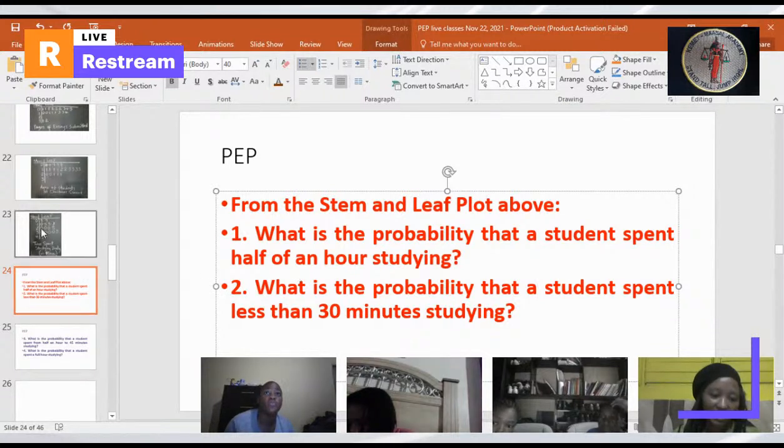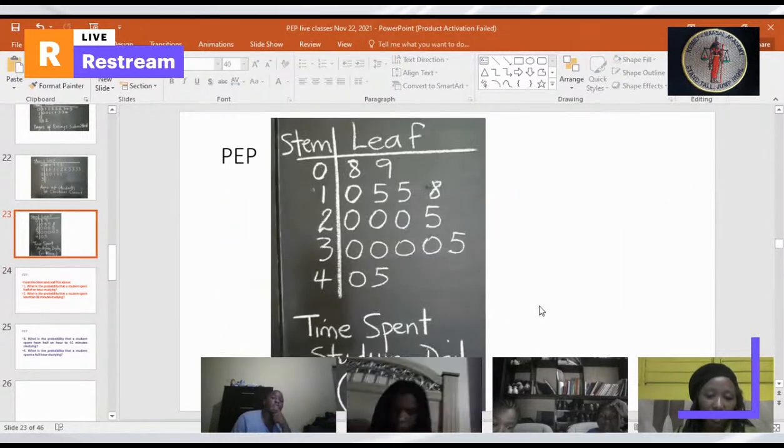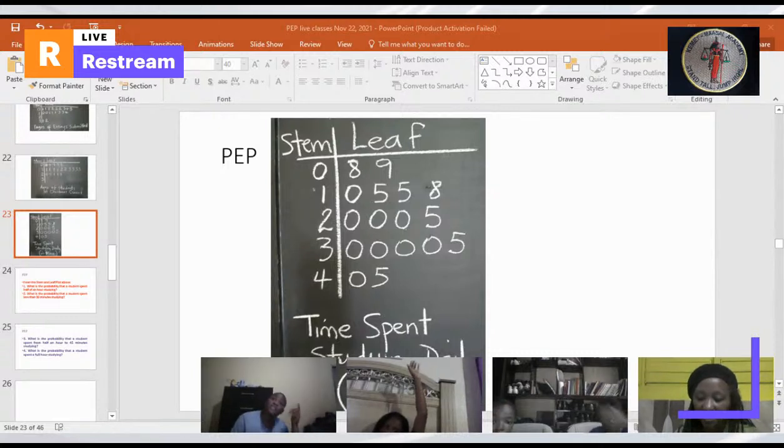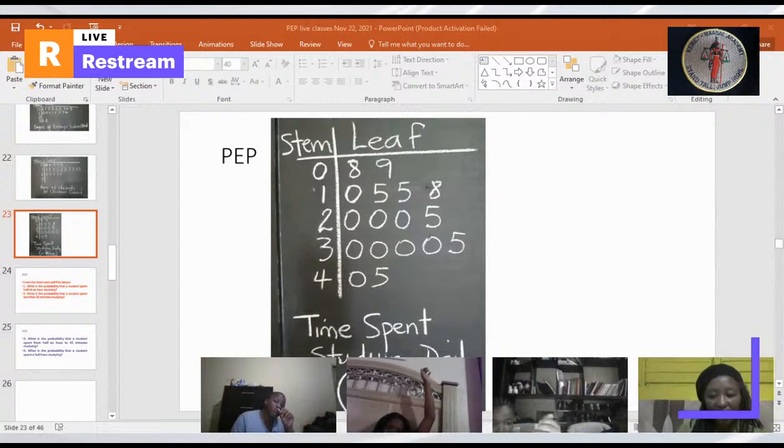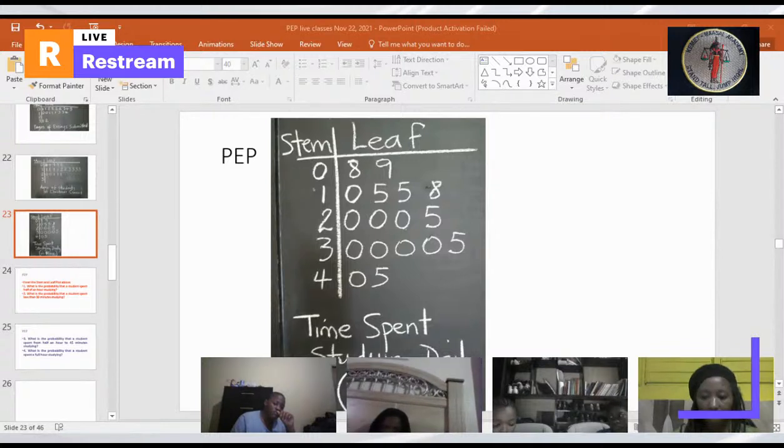All right, so back to the stem and leaf. What do you say now? What's the probability that a student studies less than 30 minutes? Based on what we did for the probability for 30. Madison? Miss, 10 over 17.